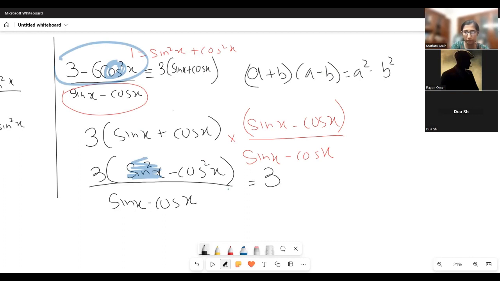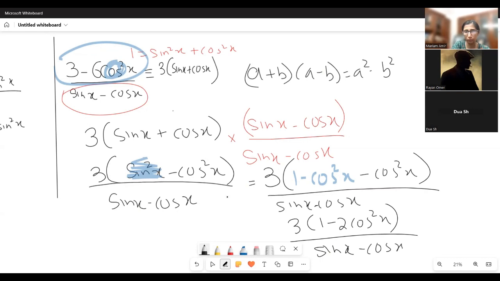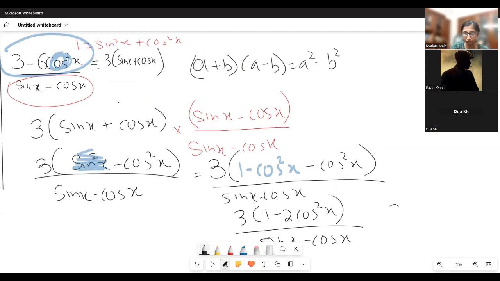Let's do that. 3 bracket 1 minus cos square x minus cos square x upon sin x cos x, and then this becomes 3 times 1 minus 2 cos square x upon sin x minus cos x, and now we have what we needed, 3 minus 6 cos square x over sin x minus cos x.